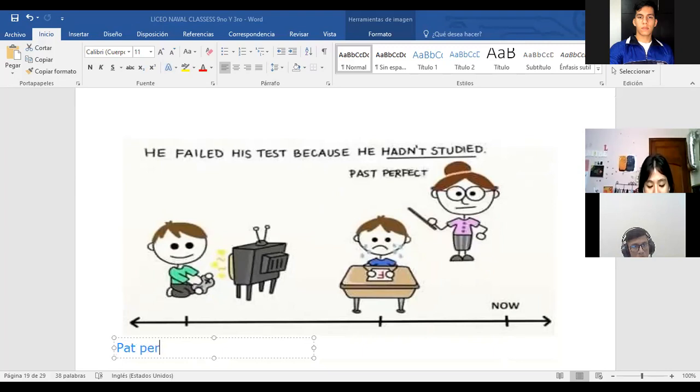The past perfect happens before another past action. Exactly, it happens before another past action.